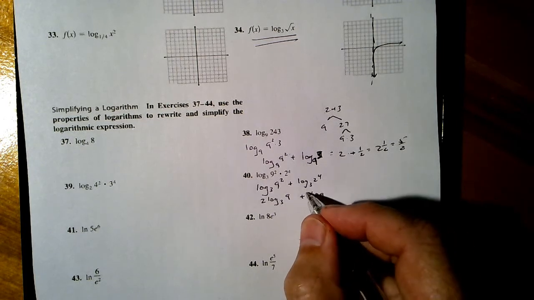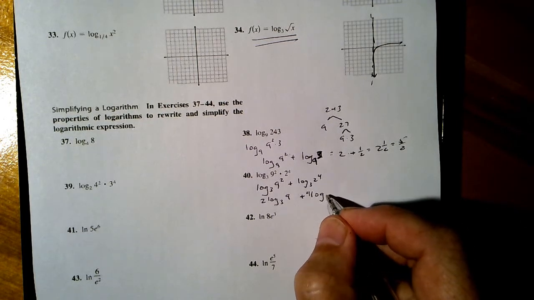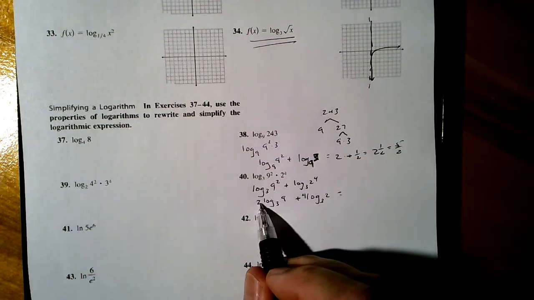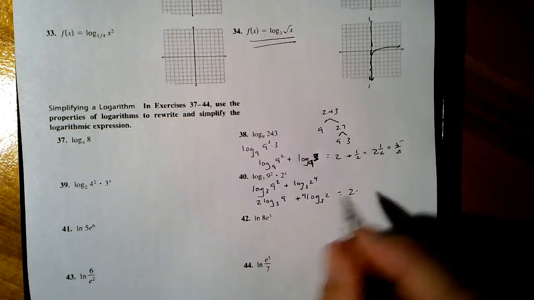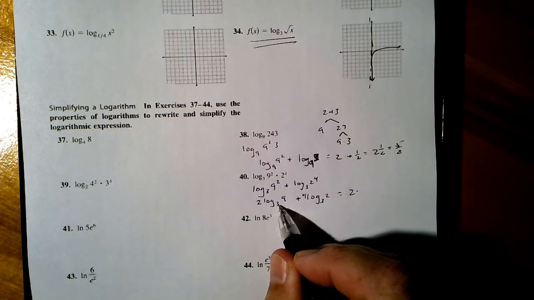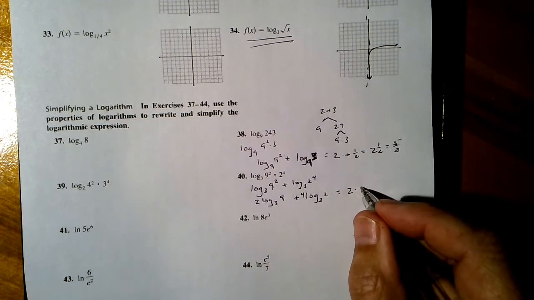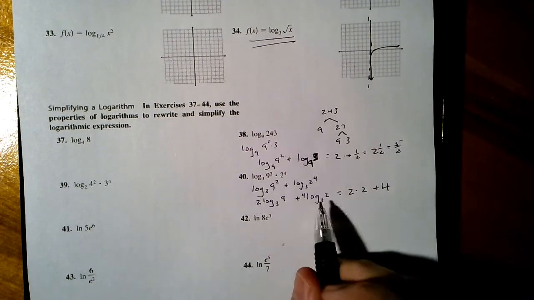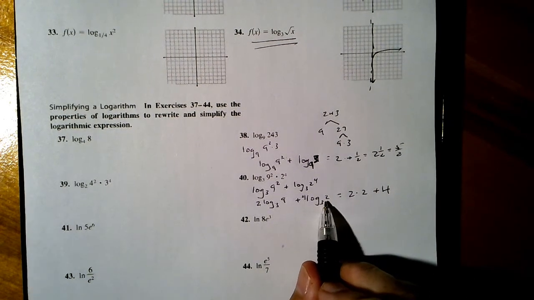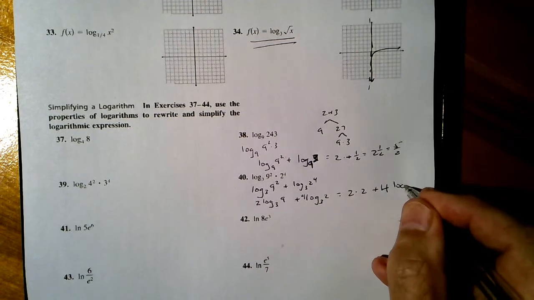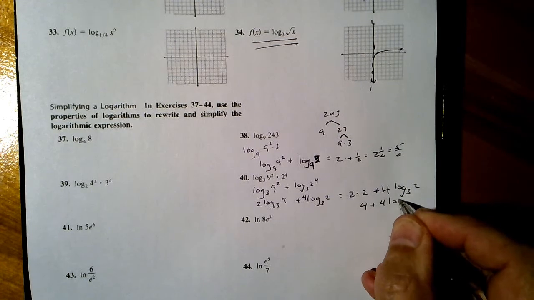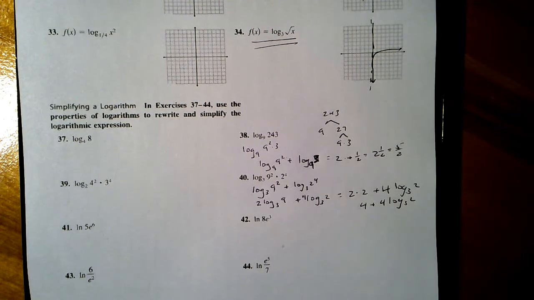I think I'll pull that 4 out in front: 4 times log base 3 of 2. Let's see, this is 2 times, the exponent that turns 3 into 9 is 2, plus 4 times, the exponent that turns 3 into 2, I don't know. So 4 times log base 3 of 2. So we end up with 4 plus 4 log base 3 of 2.